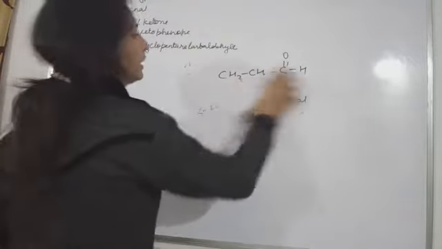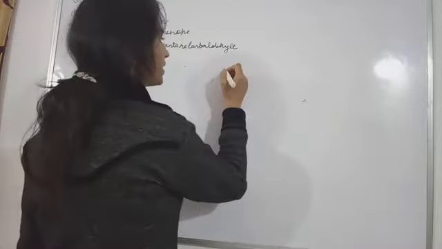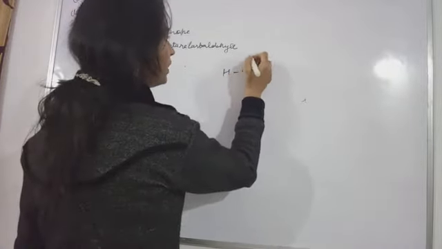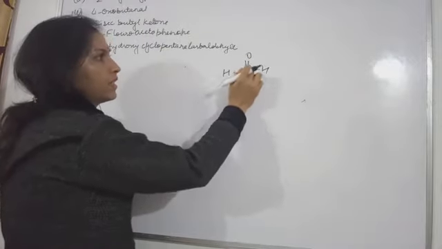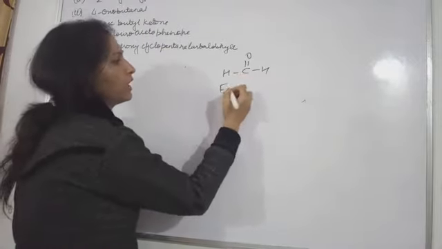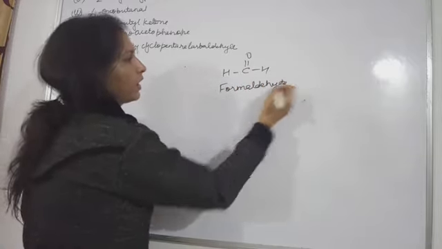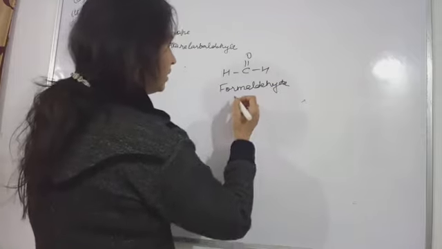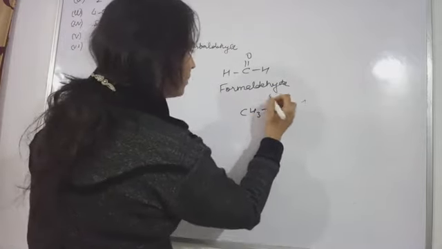Next, let's talk about the common names. The smallest aldehyde group will be this: HC double bond OH. So this will be called formaldehyde. And this will be CH3 C double bond OH.